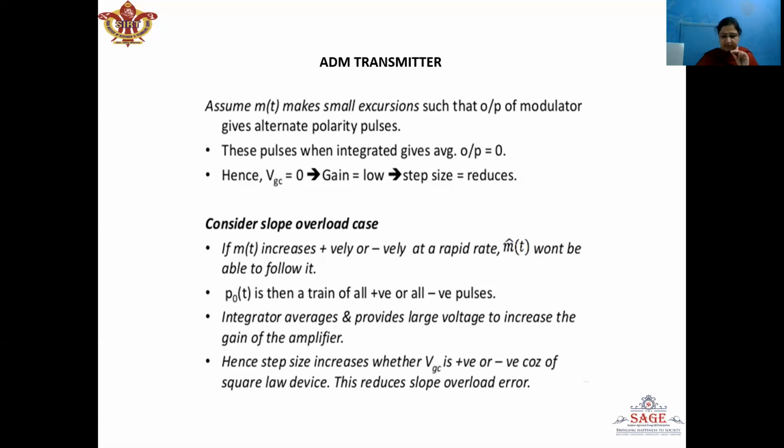Because of the squaring circuit, the amplifier gain will increase and hence the step size will increase, and there will be a reduction in slope overload. So this is how the adaptive delta modulator works, and it controls the step size of the approximated signal, which will then follow the message signal, and there will be a small error between the message signal and the approximated signal.